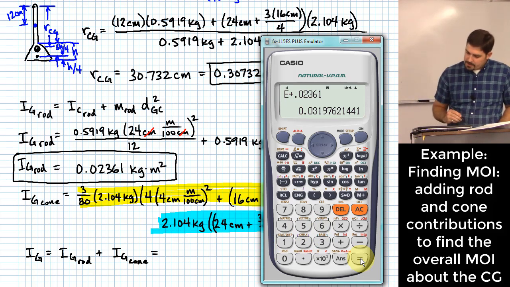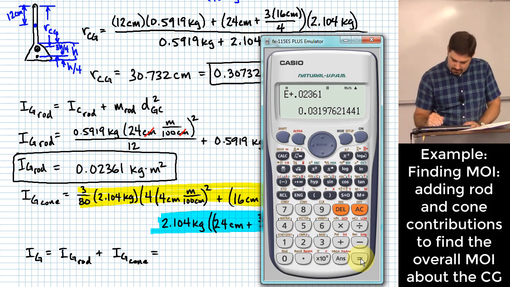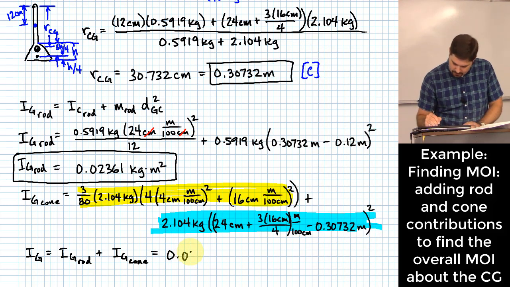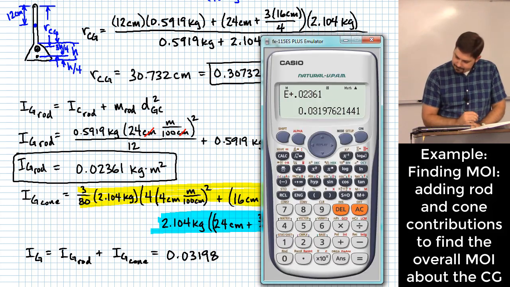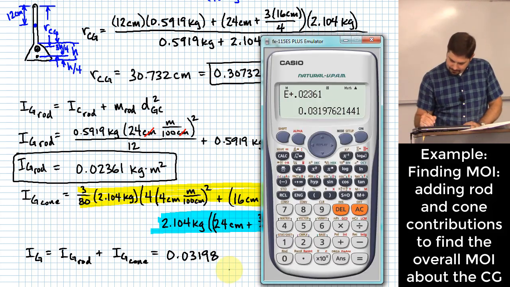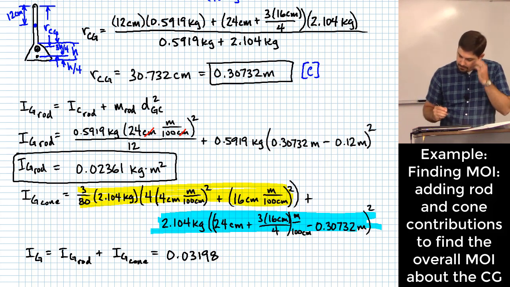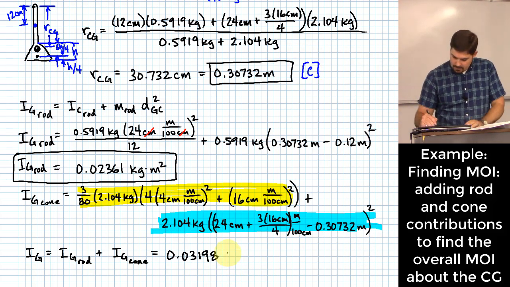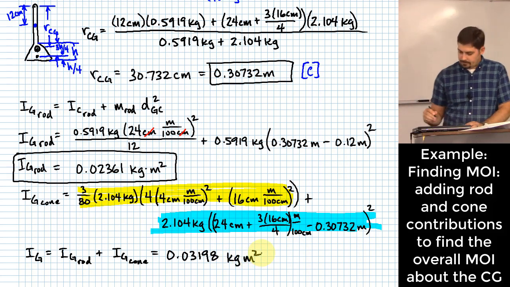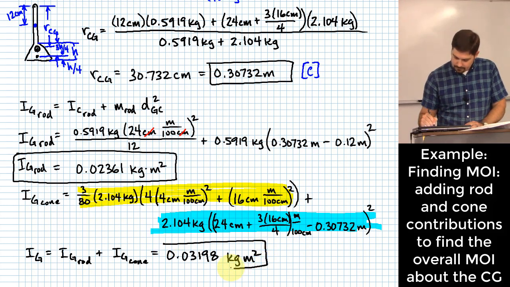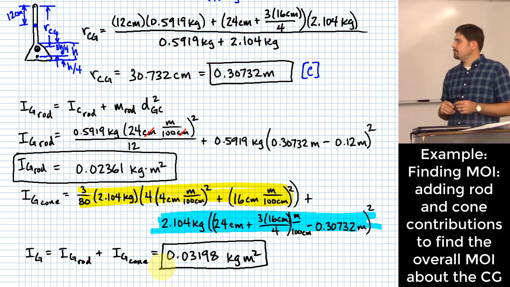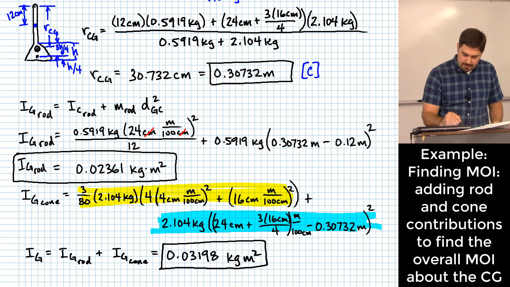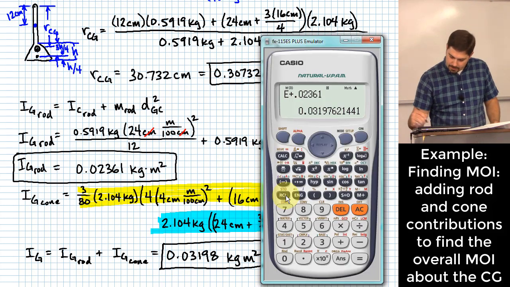Okay, 0.03198. Is that what it was? Units: this would be in kilogram meters squared. All right, and this one I do want to make sure I don't lose. Let me store it into F.